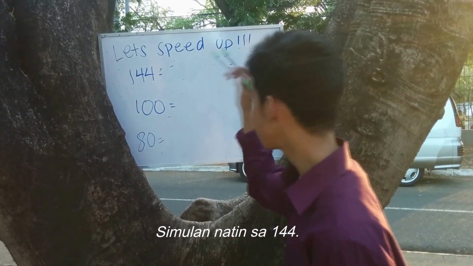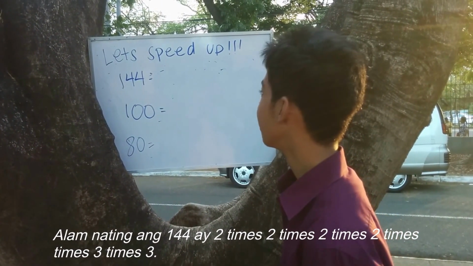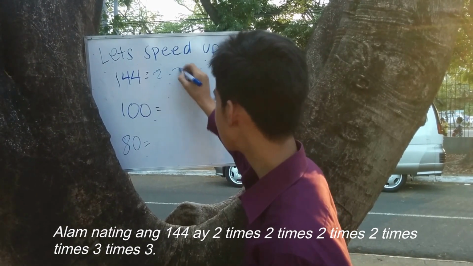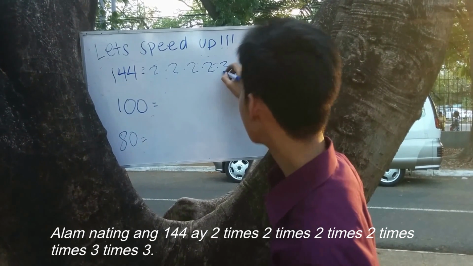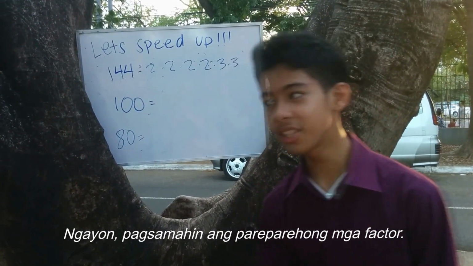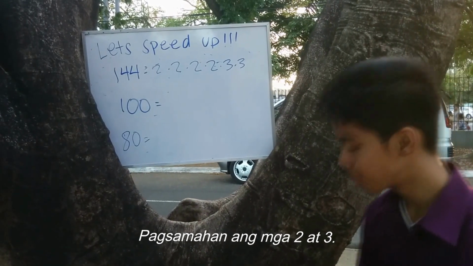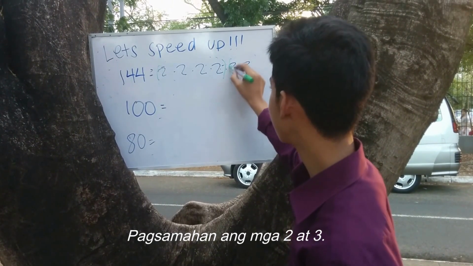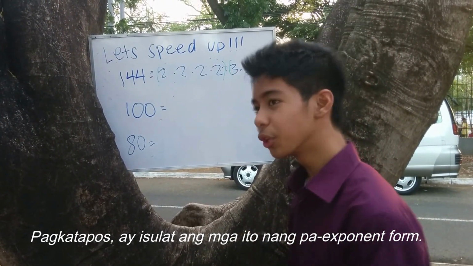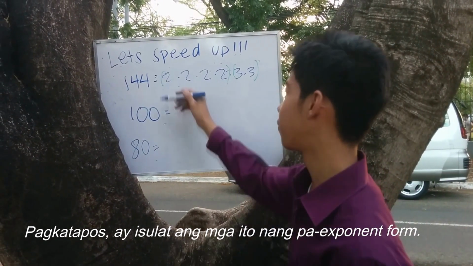Let's start with 144. We know that 144 is 2 times 2 times 2 times 2 times 3 times 3. The next step would be to group the identical factors. So, we should group, that's right, the 2's and the 3's. After grouping the factors, we should then convert them to exponent form.